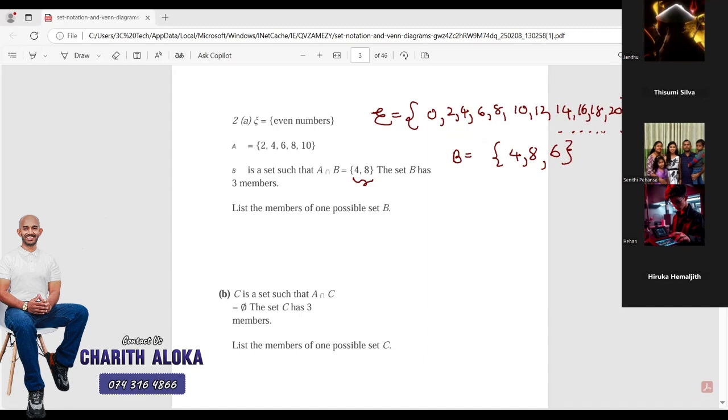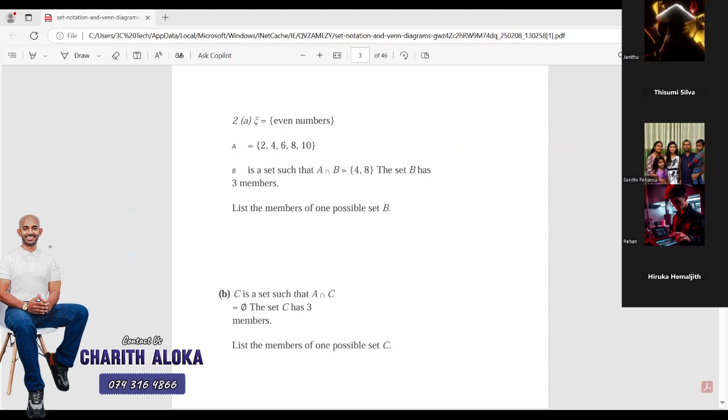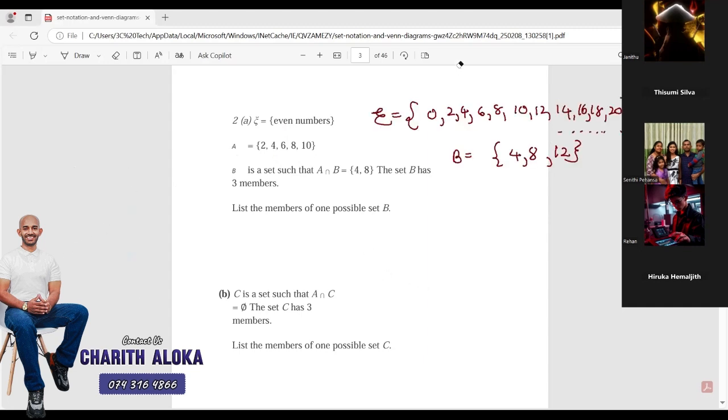No, 6 can't be there, because 6 is there in A also. We have to get any other element which is not in A. Even 12. Correct. Very good. There's the answer. The next one. You can write this down and try the other one.